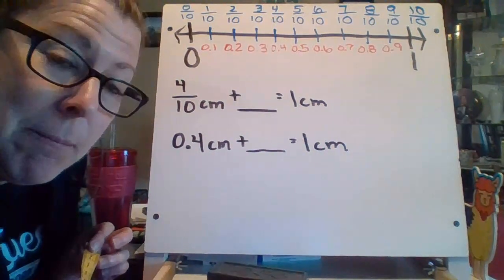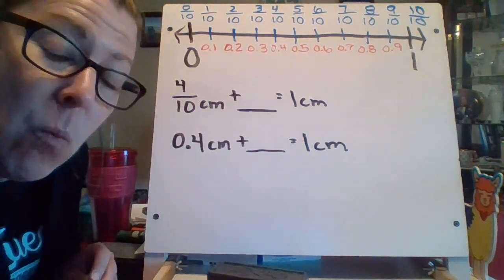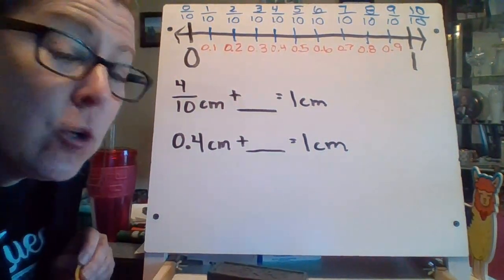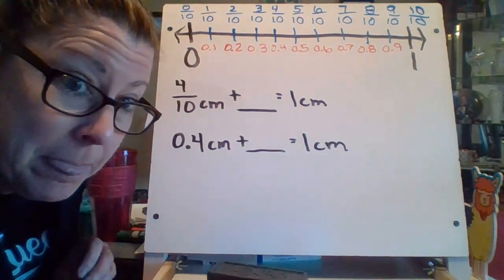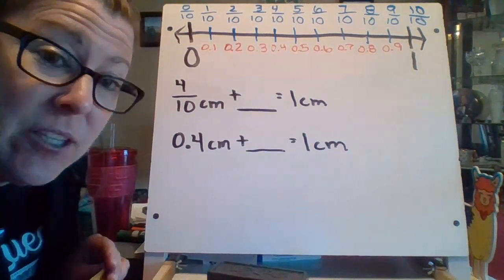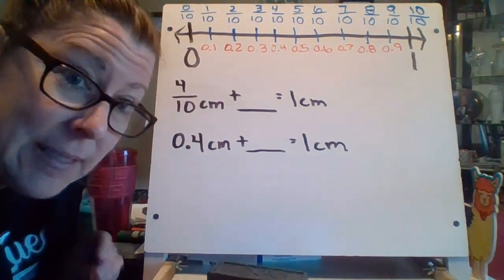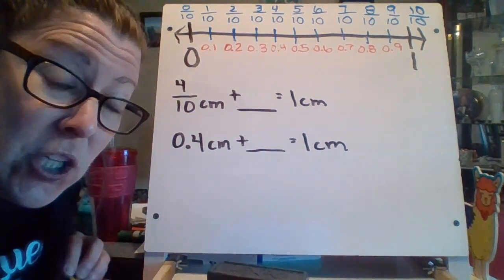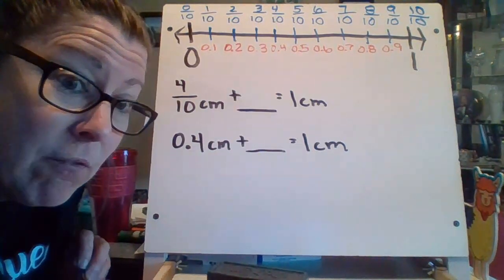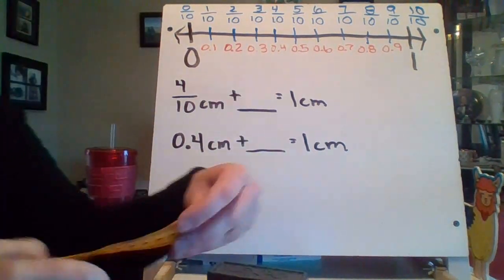And metric measurement is when we use things like grams for weight, centimeters, meters, kilometers for length, liters, milliliters for volume like liquid.